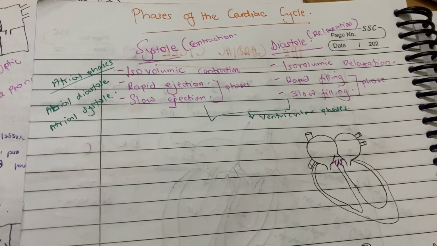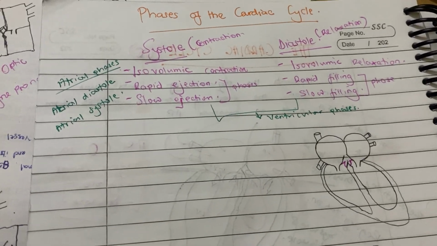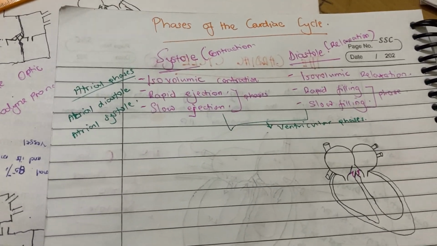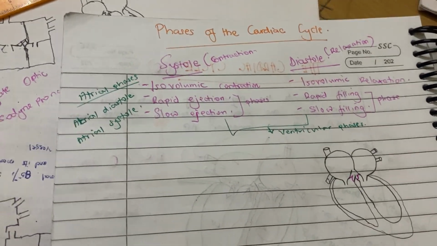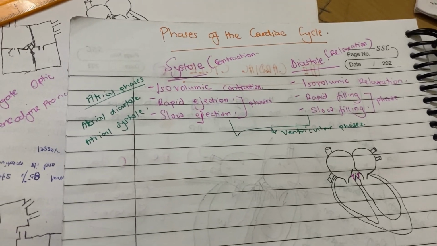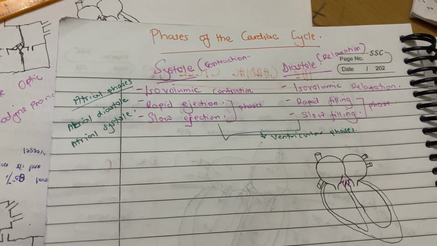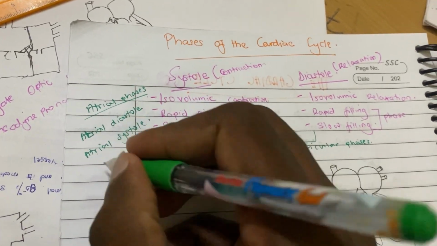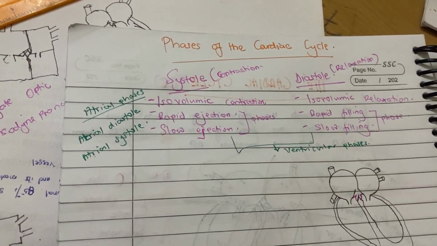It has to allow that time, which was around 0.9 seconds, for the ventricles to fill very well. So that delay is for atrial kick. This one is the same as atrial kick. That is a new term.